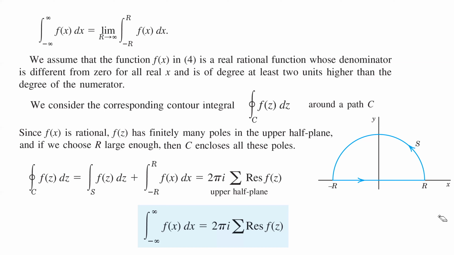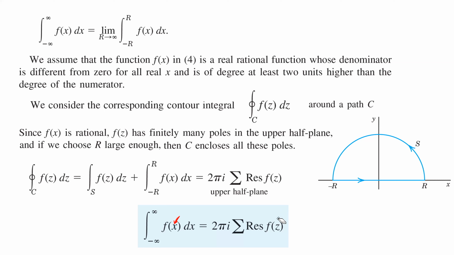You don't need to do all of these. So if you have a function f of x dx that doesn't have any poles or zeros on the x-axis, then the integral from negative infinity to infinity of f of x dx becomes 2 pi i times the sum of the residues of f of z. You see, this is f of x here. Here we have f of z.